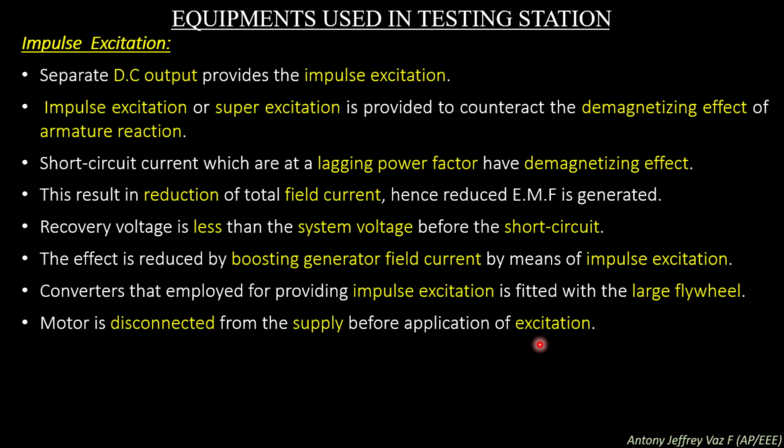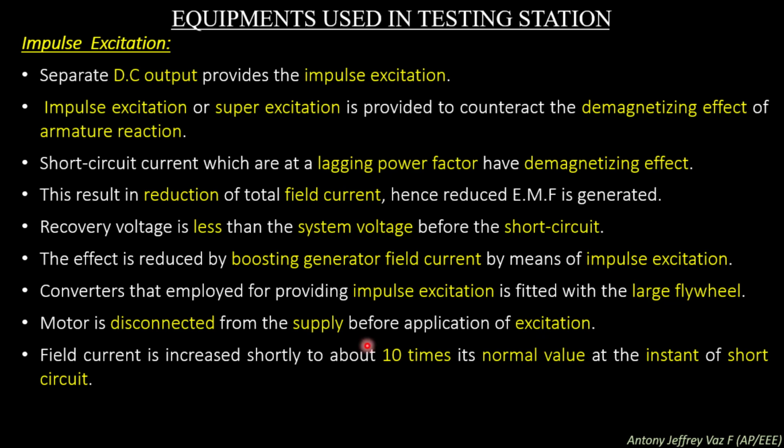So, when a short circuit is going to happen, at once the motor which is driving the shaft of the generator is disconnected and the shaft is loaded with the flywheel. The field current is increased shortly to about 10 times its normal value at the instant of short circuit.